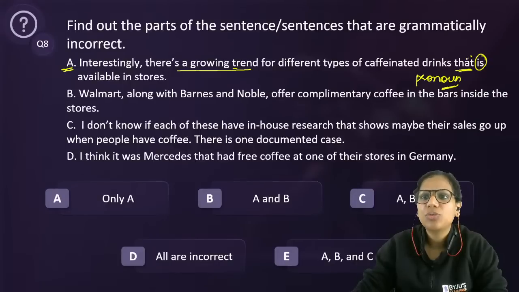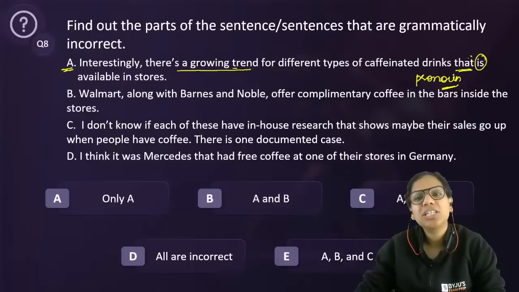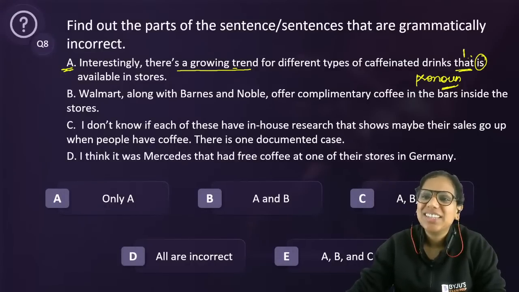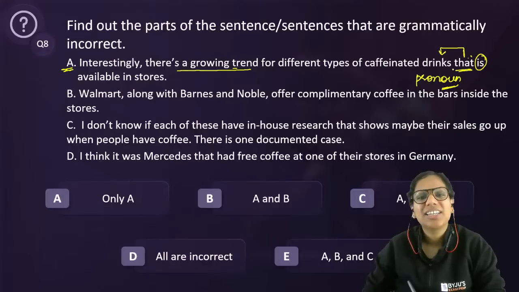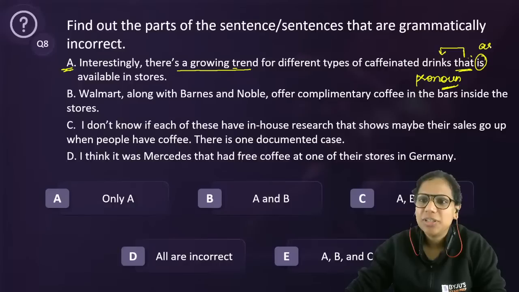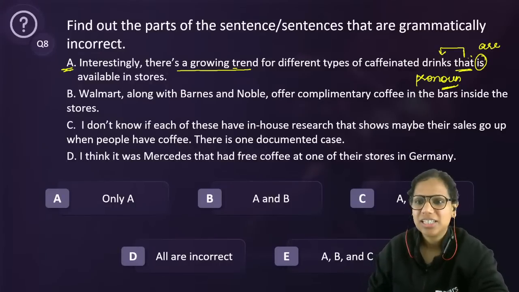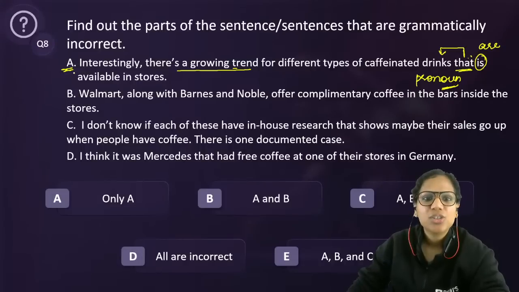A lot of students think that that can just be a singular pronoun. No, that can be plural also. So, the that here refers to caffeinated drinks. And therefore, this will be are. Isn't it? That are available. Perfect, Sneha. So, A is erroneous for sure.